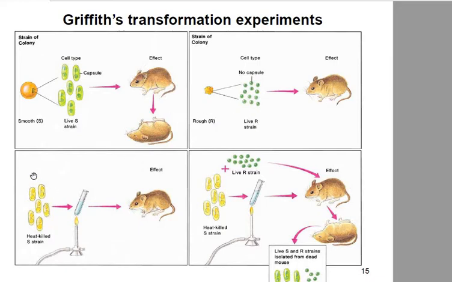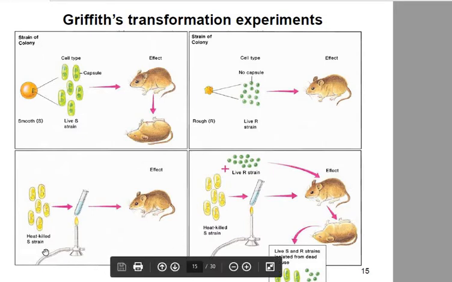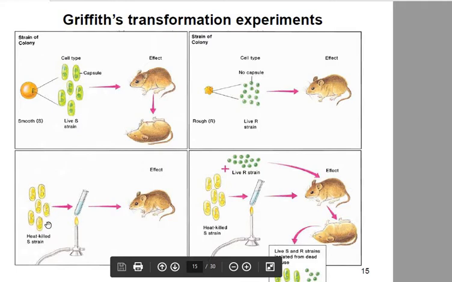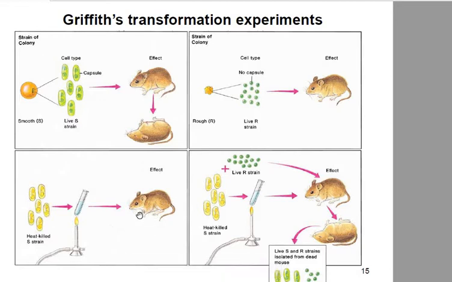Our next one, he did something very interesting. He heated the smooth strain. We can see over here that the smooth strain was heat killed, and they are all dead. When he injected the heat-killed smooth strain into the mouse, the mouse continued to live.